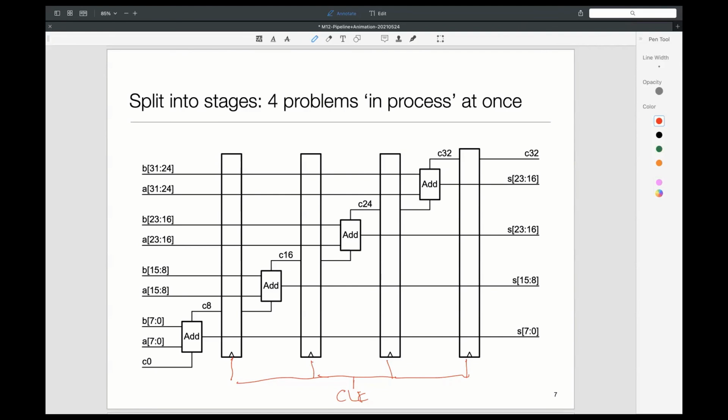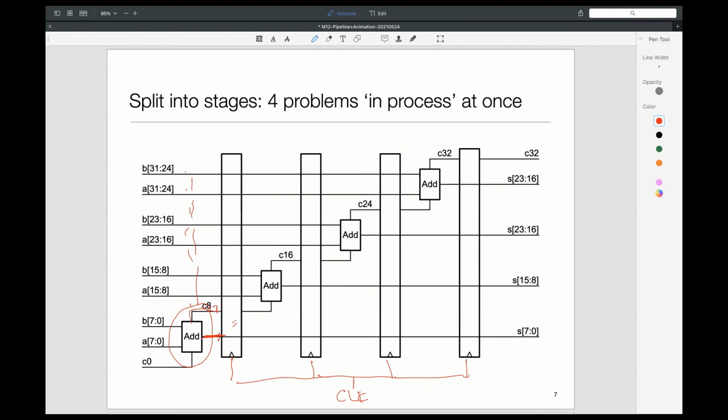What happens is my data enters from the left. Let's say it's present there. This group adds the lowest bits, and it produces the sum and the carry. We do nothing on the data in the upper bits. At the clock tick, the data out here, as well as this carry and the sum, moves into this first register.